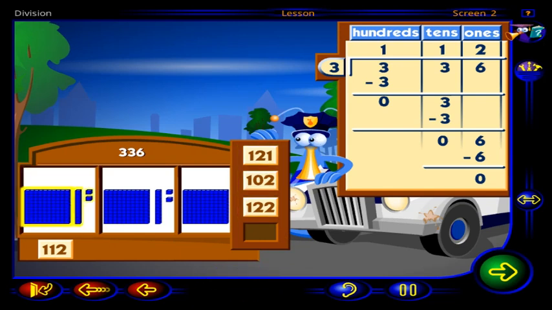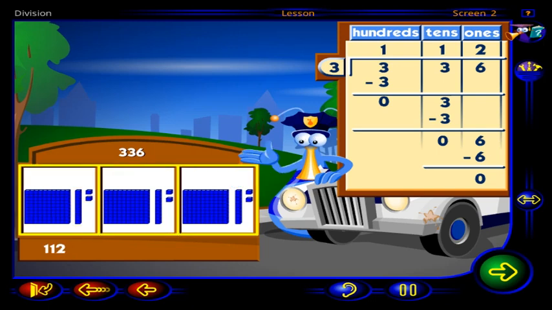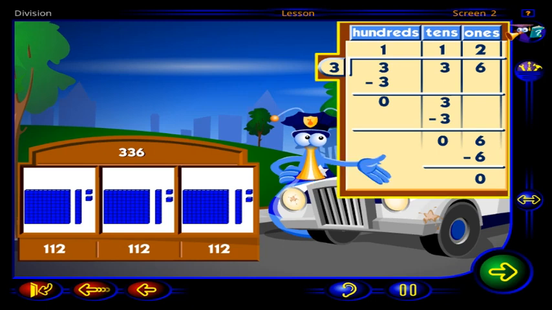The blocks in this group show 112. 100, 10, and 2 ones show the number 112. And because each group has the same number of hundreds, tens, and ones, each group shows 112. And look, our division using numbers also shows that 336 divided by 3 is 112.